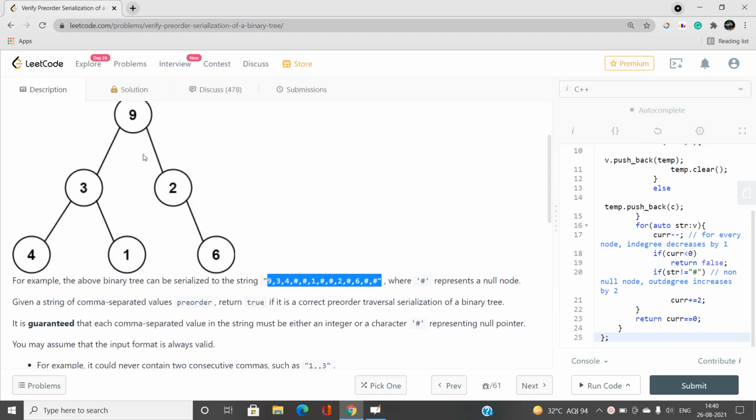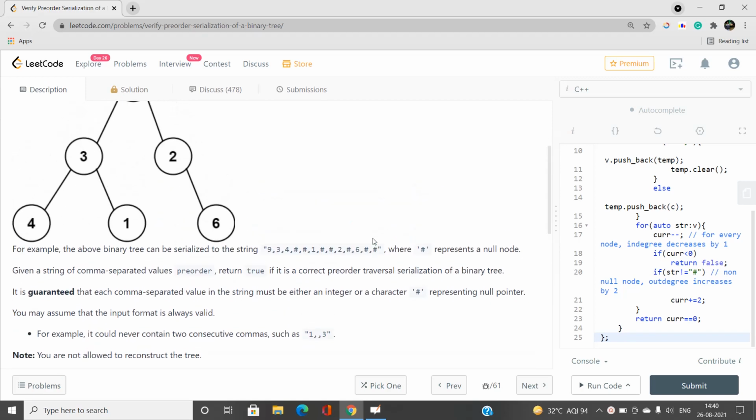You can see 9, 3, 4, then there are two null nodes represented by hash, then 1, and after 1 there would be two null nodes, hash hash, then there will be 2, whose left subtree contains a hash, and then 6, then hash and hash. If you are not aware of the pre-order traversal of a binary tree, no need to worry. I am going to explain this with the help of examples. For now, let's move further.